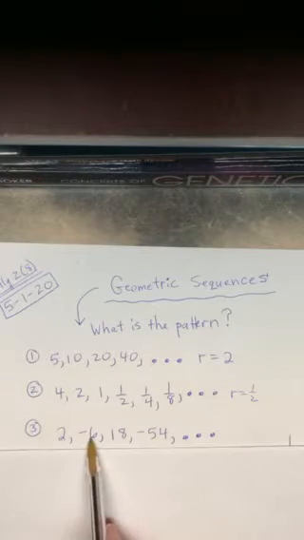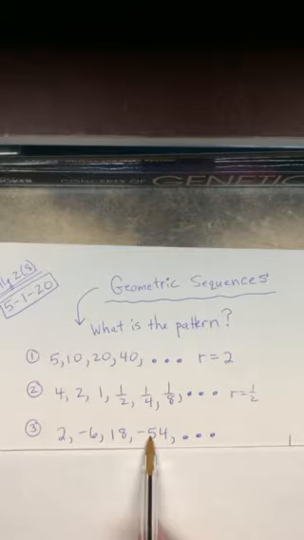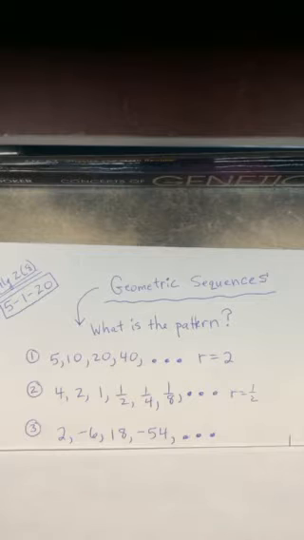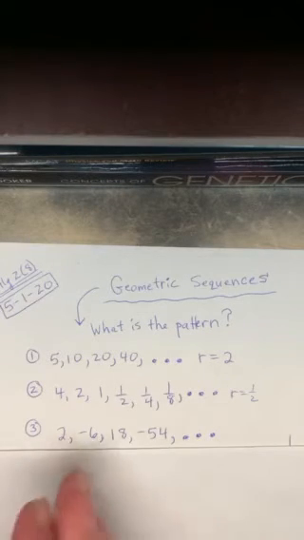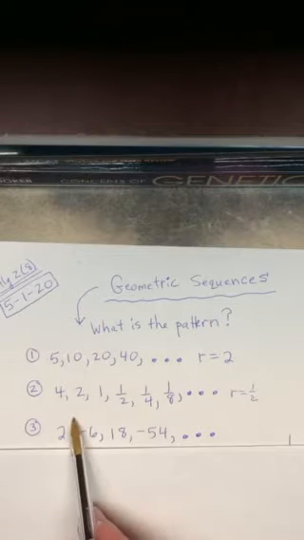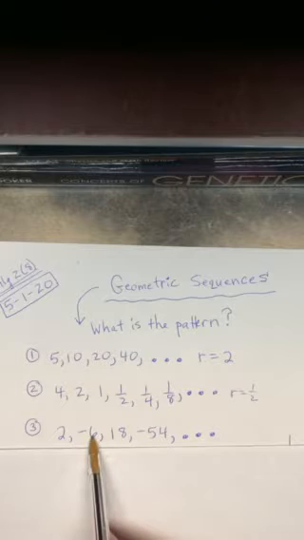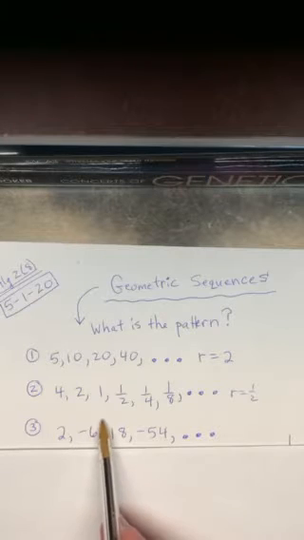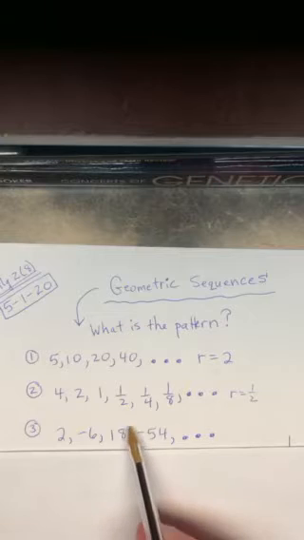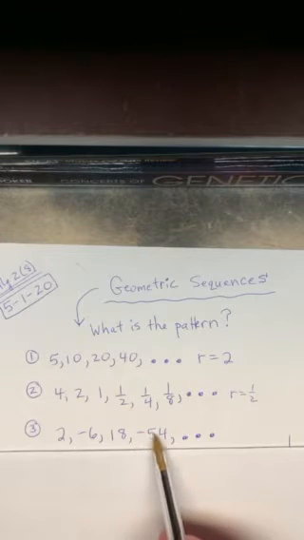And then example number 3 here, look at the pattern. It says 2, -6, 18, -54. If you were trying to figure out that pattern, wouldn't you say we're multiplying by -3 each time? Because watch, what's 2 times -3? -6. But now take -6 times -3. You get positive 18. 18 times -3 would be -54.